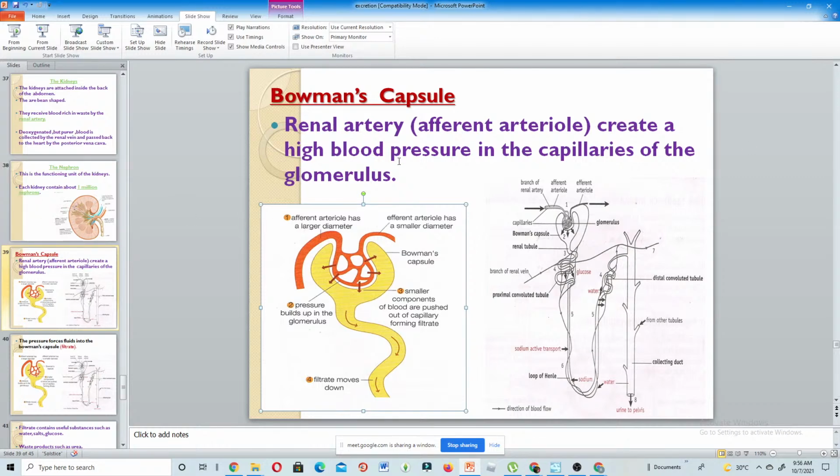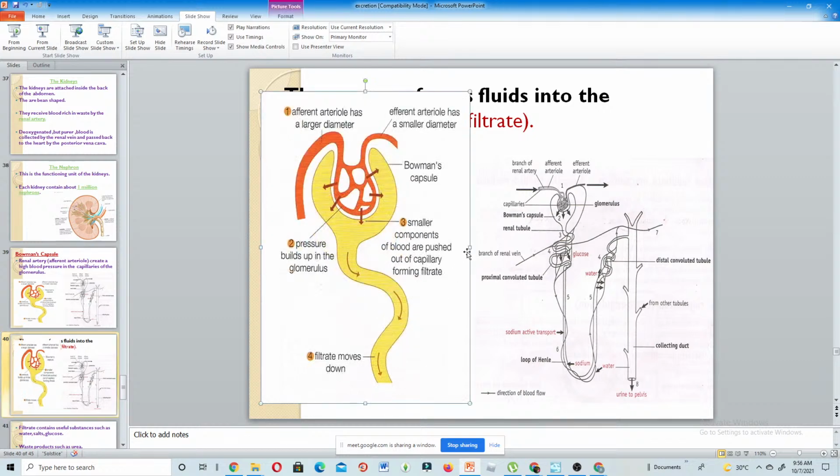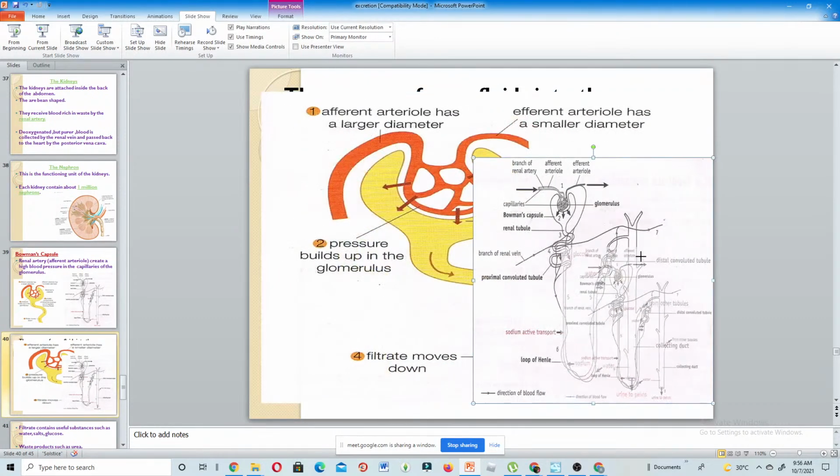So they are saying that there's a build up of pressure. This build up of pressure will cause some of the particles to be forced out of the small pores, or the small holes, within the capillaries. What they are saying is that the pressure forces fluid into the Bowman's capsule, the cup shape region. If you realize, the glomerulus is fitted in that cup shape region, which is the Bowman's capsule.